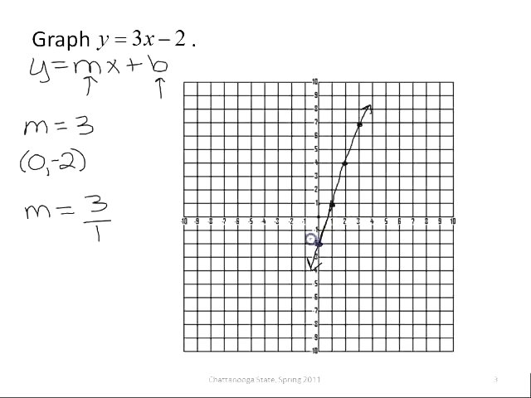I could have started from this same point and used a slope ratio of -3 over 1, or -3 over -1, because that's the same as 3. So I could have gone down 3 units and to the left 1 unit, down 3 to the left 1, and I still would have been on the same line.